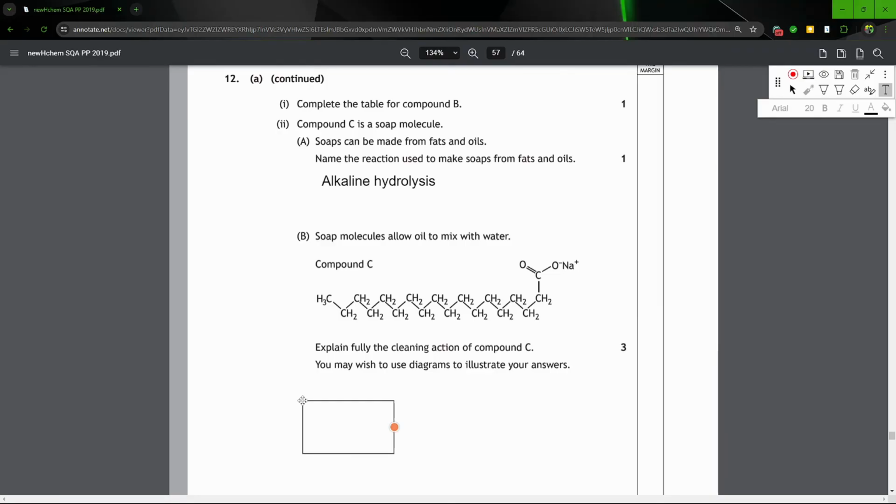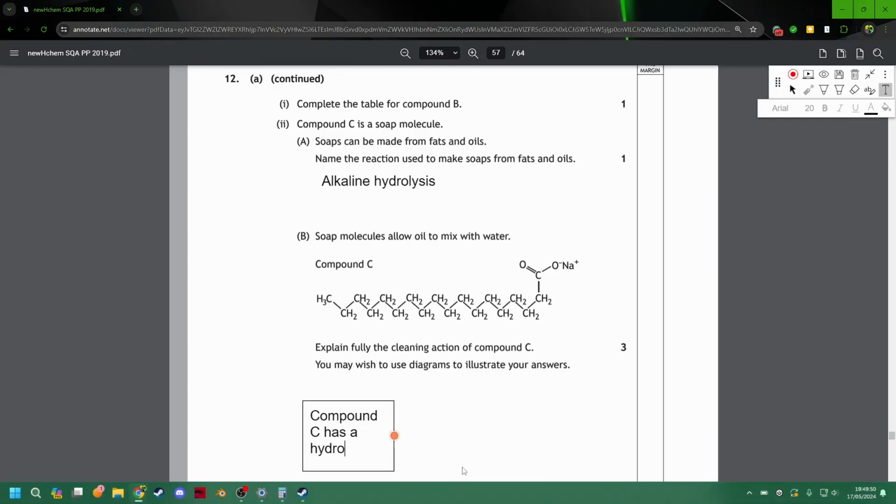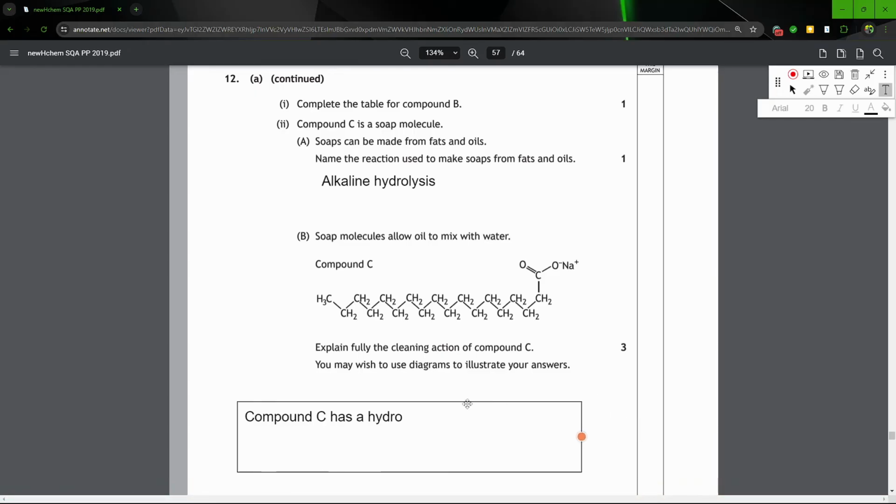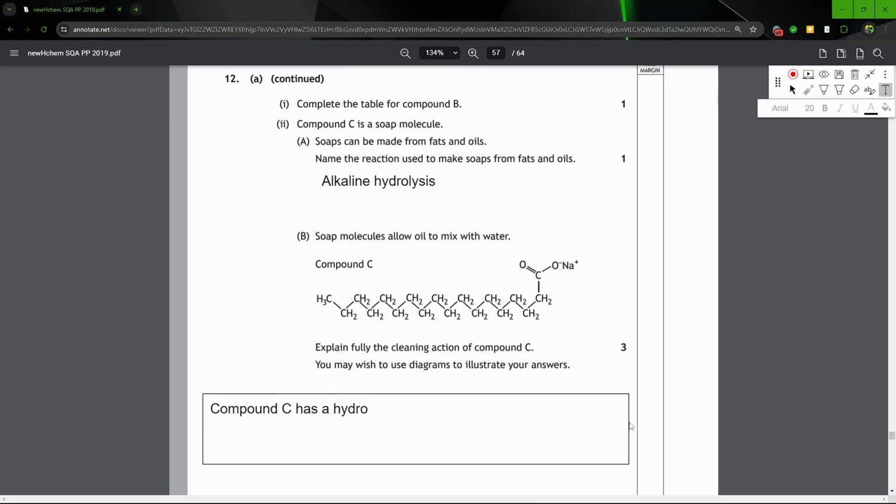So, compound C has a hydrophilic polar head and a hydrophobic non-polar tail.